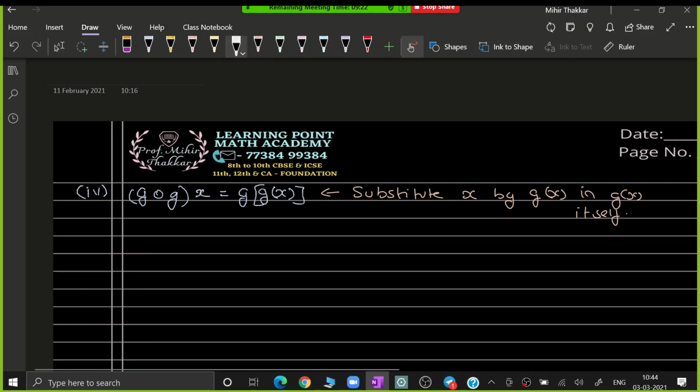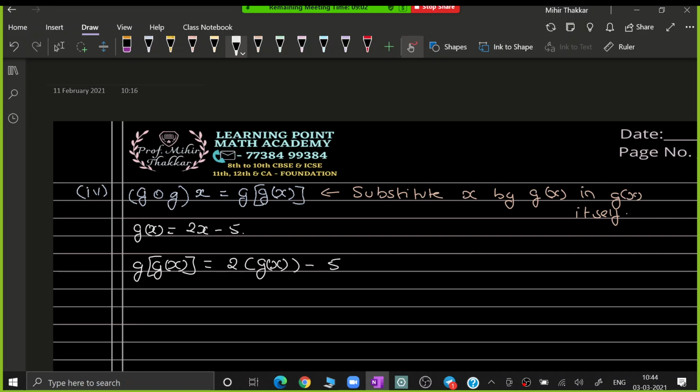So guys, once again, in the above example, I have taken gx as 2x minus 5. I am not writing fx because it is not used over here. When I want to find g of gx, it has to be just twice of gx itself and minus 5. Again, substitute this same function in place of gx here.